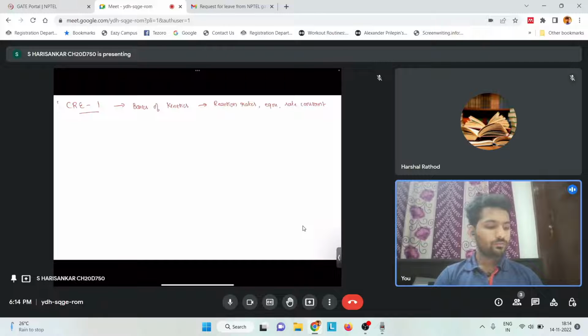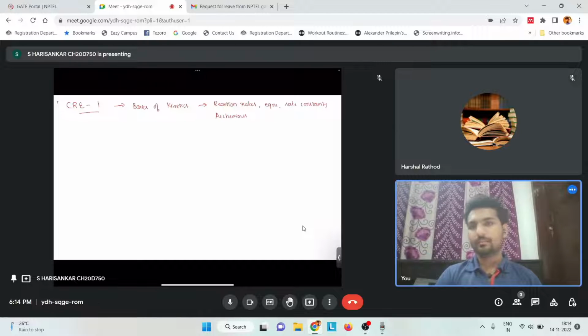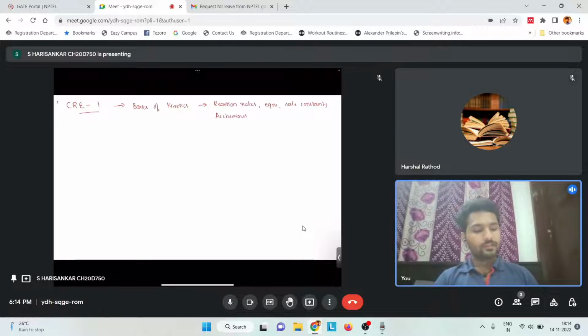Then we looked into various theories like Arrhenius theory for temperature dependency. We derived rate equations for various kinds of reactions and so on. And then we moved on to ideal reactors.